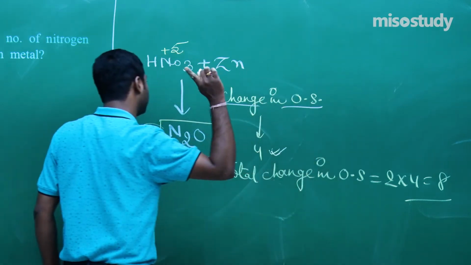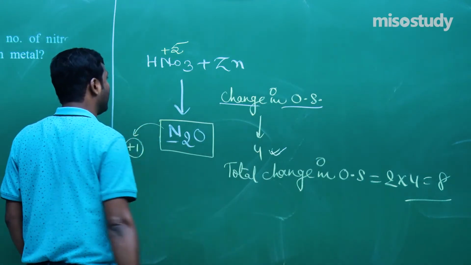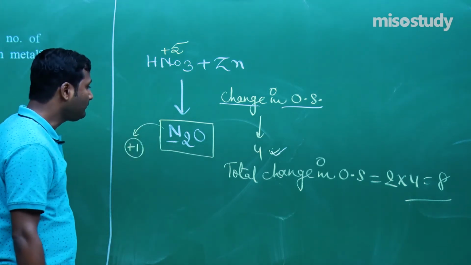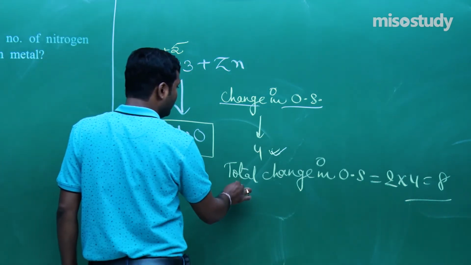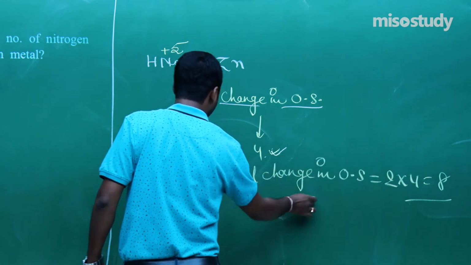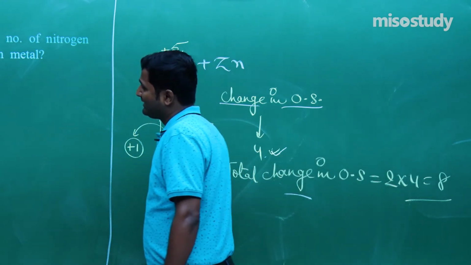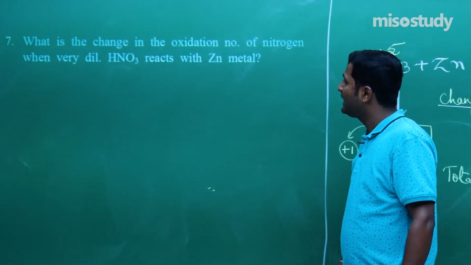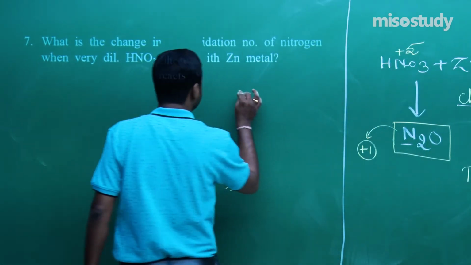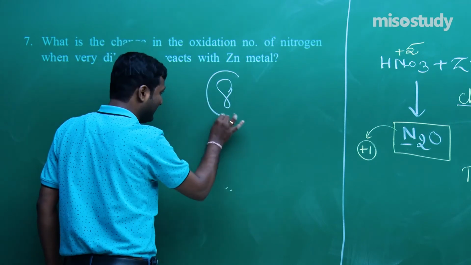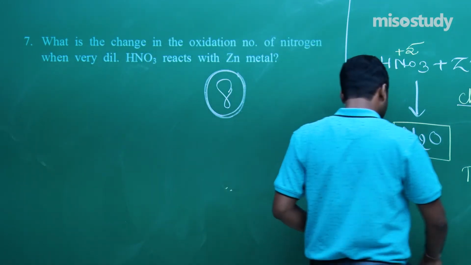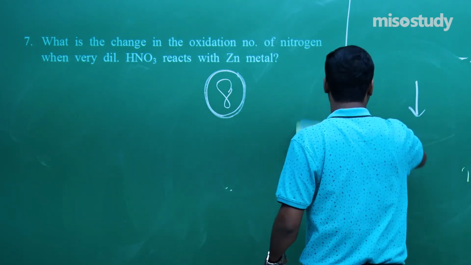The change of 4 is only if I treat one nitrogen atom, but here there are 2, so we need to balance the reaction, and that is 4 multiplied by 2, that is 8. So what is the change in oxidation number of nitrogen when very dilute HNO3 reacts with Zn metal? We can say the integer type answer 8 is correct. Clear, friend? Now I am going to rub this part.